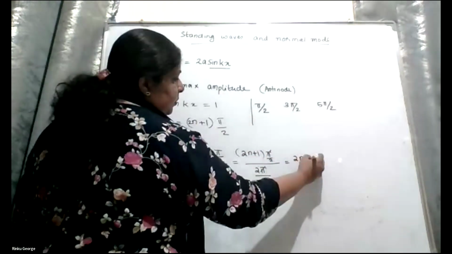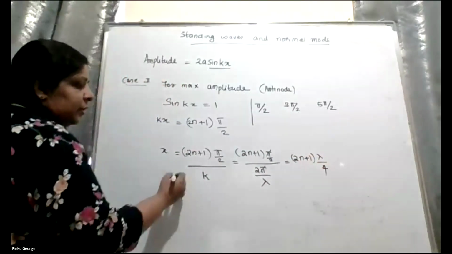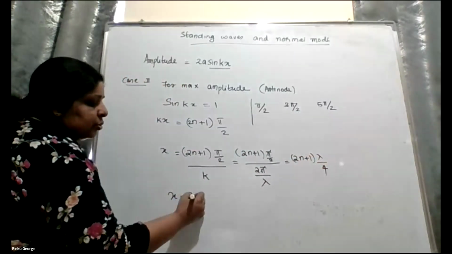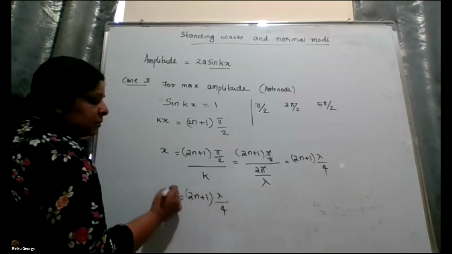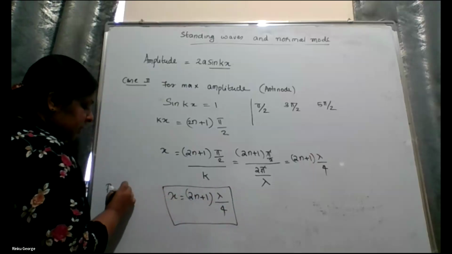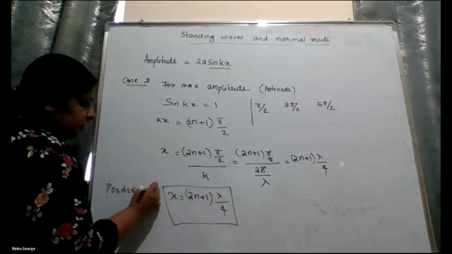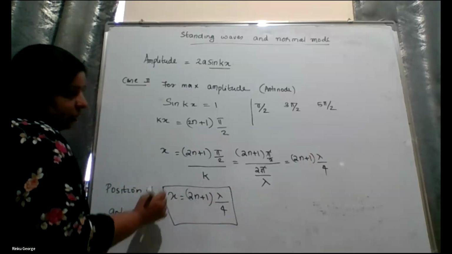So x is equal to 2n plus 1 lambda by 4. What does this mean? These are the positions of antinodes.